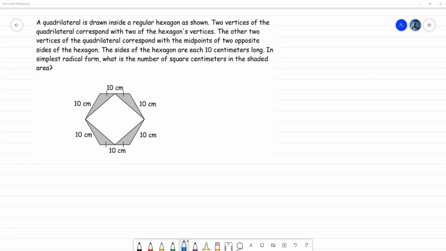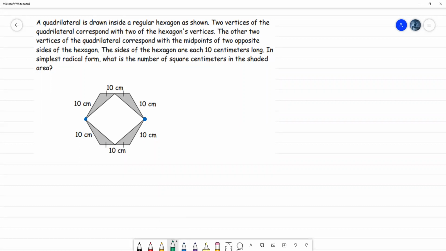A quadrilateral is drawn inside a regular hexagon as shown. Two vertices of the quadrilateral correspond with two of the hexagon's vertices, so these 2 points touch each other, and the other two vertices of the quadrilateral correspond with the midpoints of the opposite sides of the hexagon.